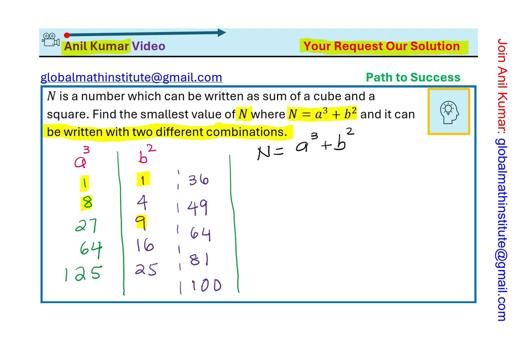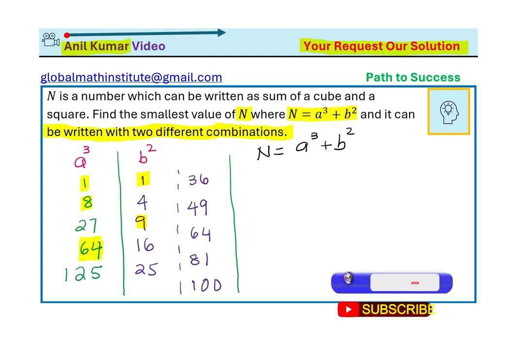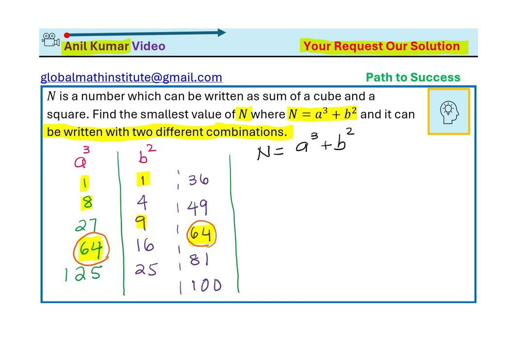If you go through this list, you will notice that there is one way of doing it. You see the number 64 appears on the cube side and also on the square side, right? So look at this common number, which is 64. 64 is on both sides, cube and square. Similarly, 1 is also on both sides. And therefore, we could have a combination which is 1 cube plus 8 square, which gives us 65, correct?